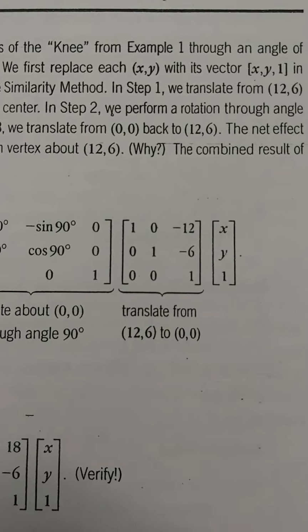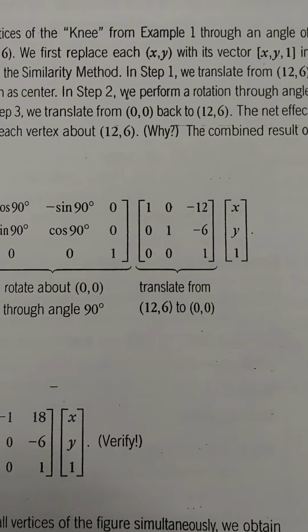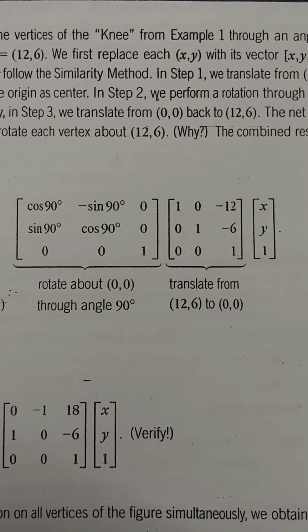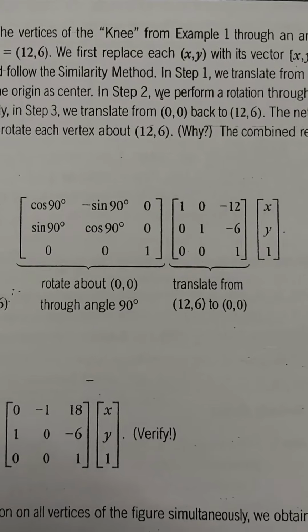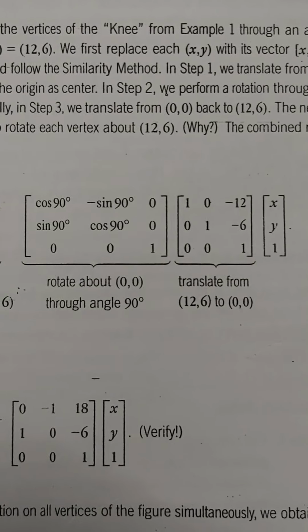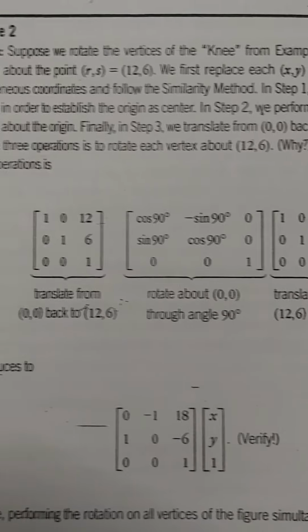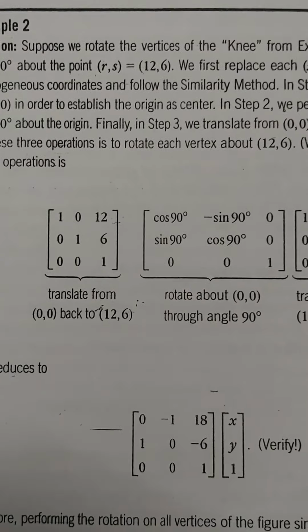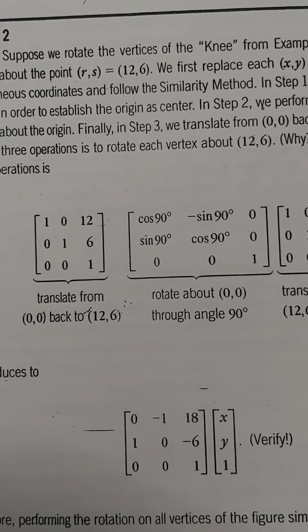Then rotation by an angle of 90 degrees about the origin. By this translation, 12, 6 has now become 0, 0. So we rotate the figure by an angle of 90 degrees. Now back translate the figure, that means translate from 0, 0 to 12, 6. For this we use the matrix of translation by 12, 6.